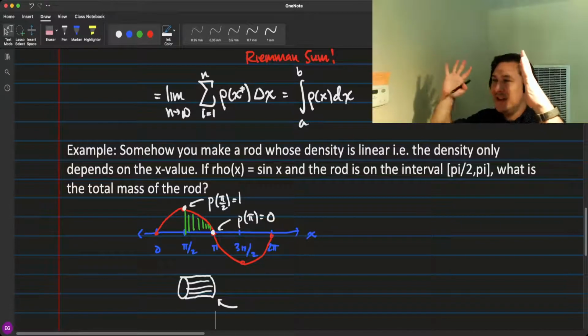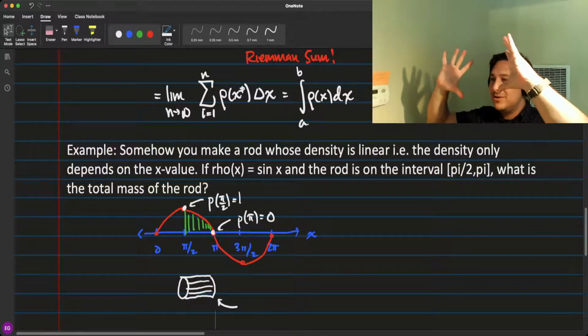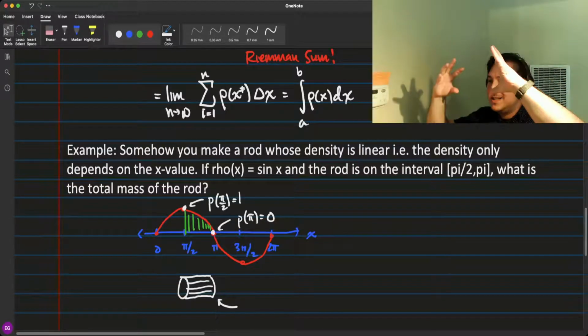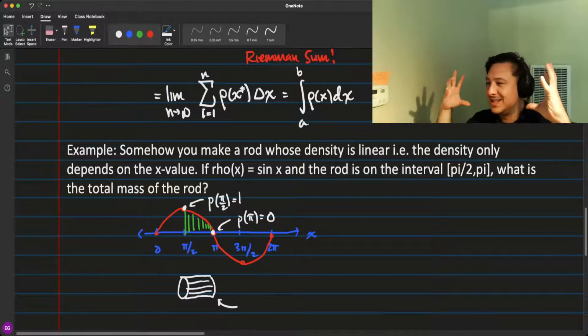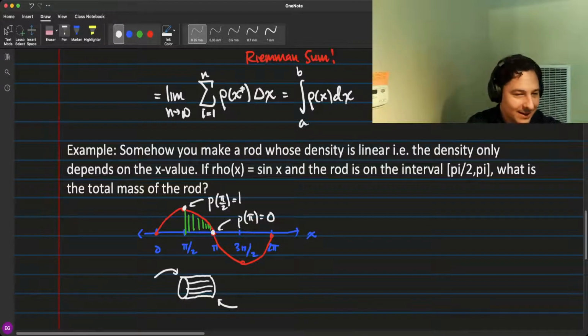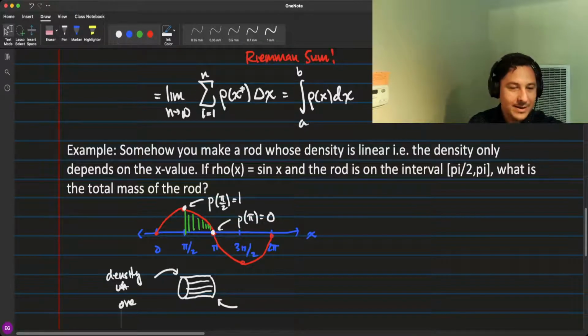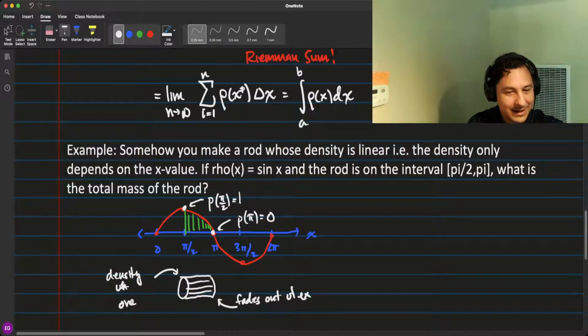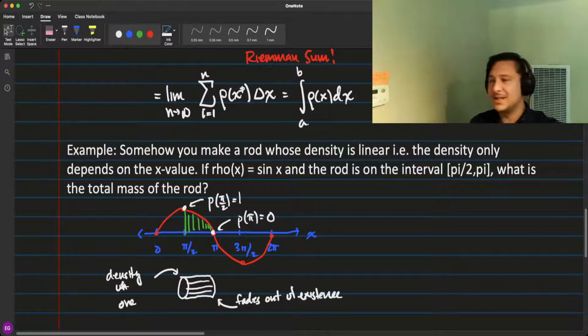You could imagine, you know how they have that cool CGI effect where something fades out to transparent because it doesn't exist anymore? It's sort of like that. It starts off having a density of 1 right here, and then over here, it literally fades out of existence. At the very end, it has 0 density.